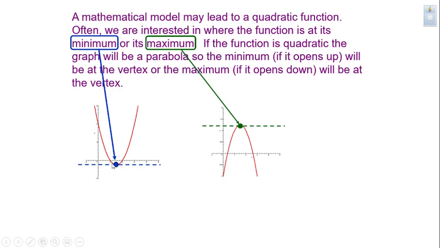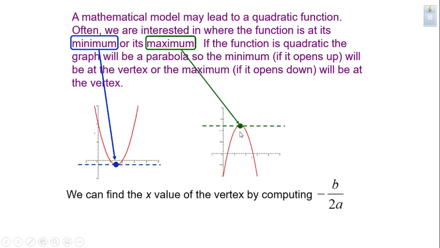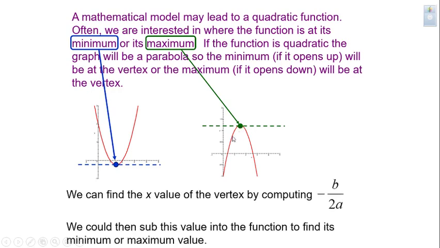So the domain was all real numbers, but the range was [-10, infinity), because that's the lowest y value. In the case of opening downward, the range goes from negative infinity up to whatever the y coordinate of the vertex is, up to k. We will do some examples to illustrate this point.